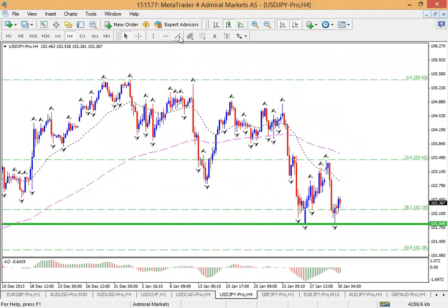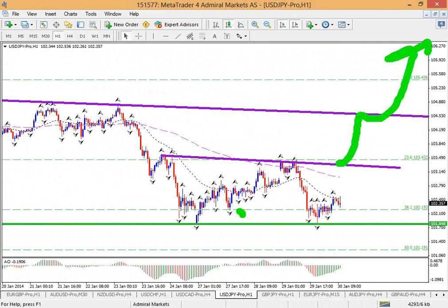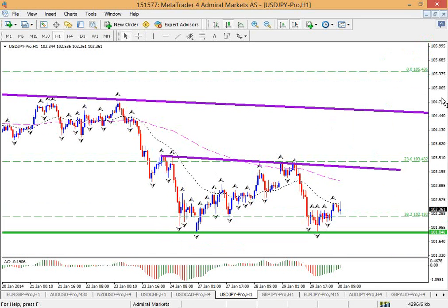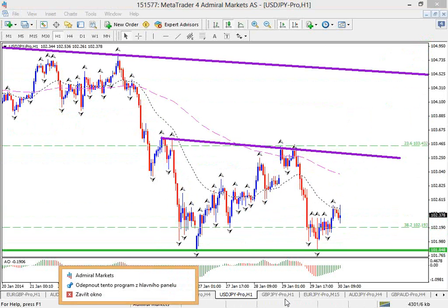Or do we actually get a break of this purple line, maybe this trend line, for a bullish break to the upside, and then we did get a bounce off the 38.2. It's too early to tell which one of these would happen. But I'm waiting for the green or the two purples to identify which of the two is more likely.